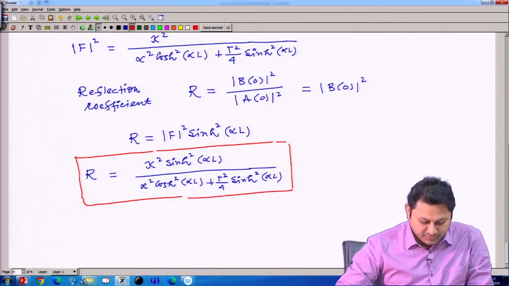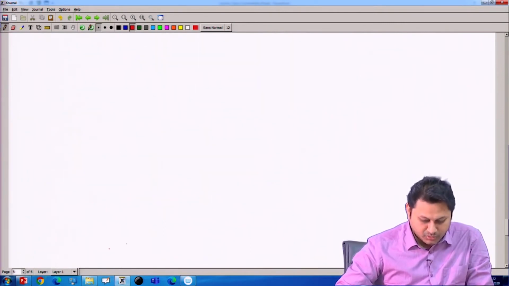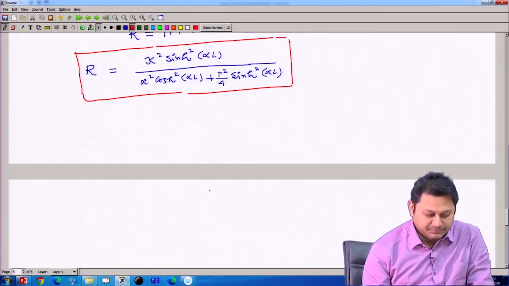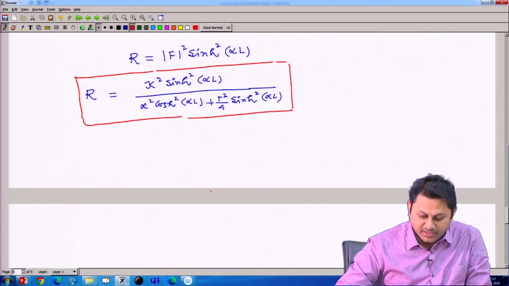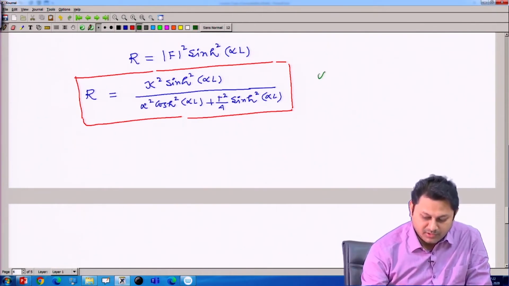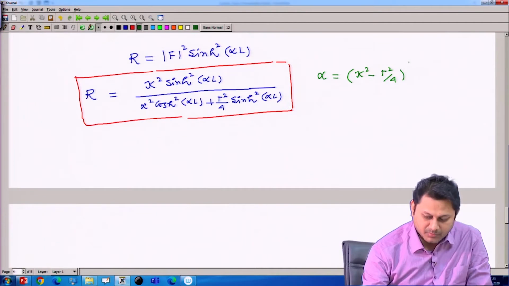So, here are a few things we need to note. One thing we can readily find: I should also write what alpha is, because I am not going to use these things. So alpha is kappa square minus sigma big gamma square divided by 4, whole to the power half.